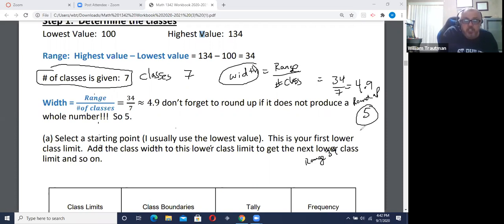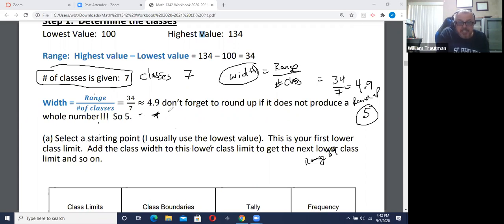So just to show you this, this is really important because a lot of people mess this up. Let's say it was, where's my calculator at? Let's say it was 30 divided by 7.